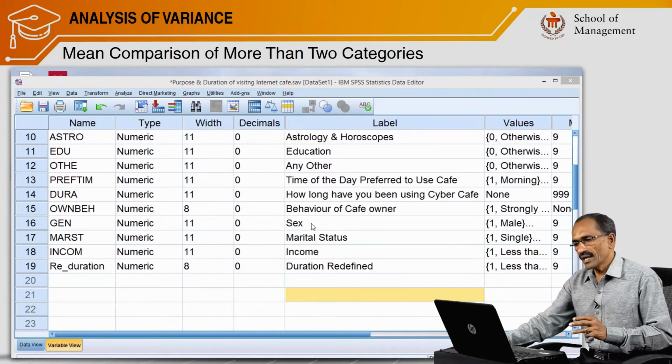The other, we have three categories of workers, those who have work experience from 1 to 5 years, 5 to 10 years, and 10 to 15 years. When we run an ANOVA, we are trying to see whether the job satisfaction of employees is equal irrespective of their experience with the company or not.